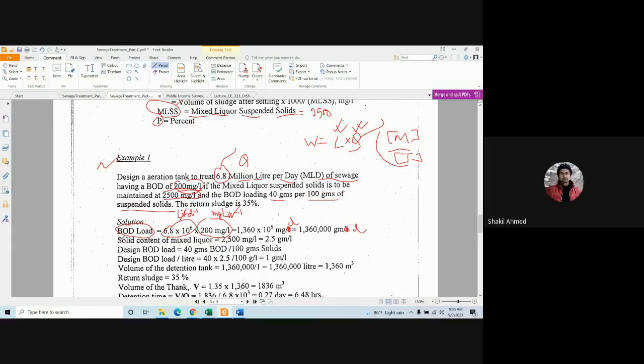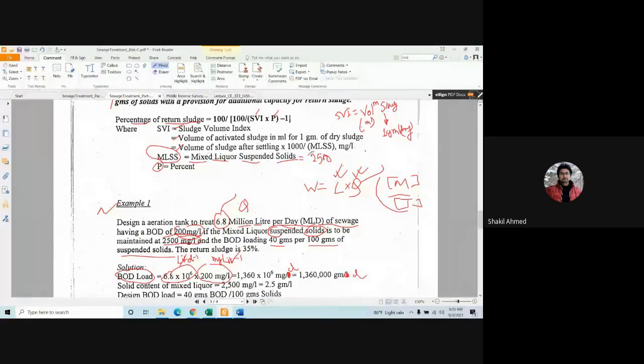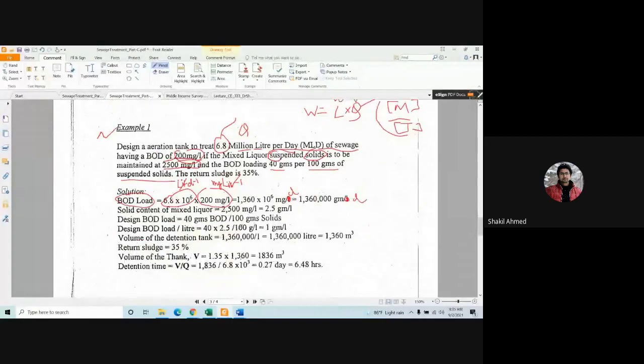Yes, sir. Now the solid content of mixed liquor is the mixed liquor suspended solid. So suspended solid is a solid, guys, right? And that is 2500. So solid content is 2500 milligram per liter or 2.5 gram per liter. Design BOD load is 40 grams per 100 gram of suspended solid.